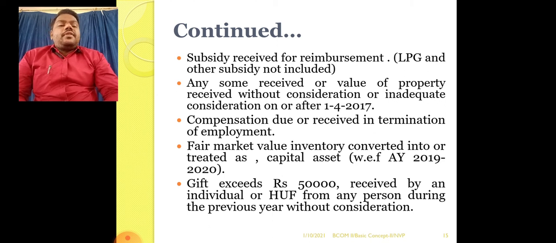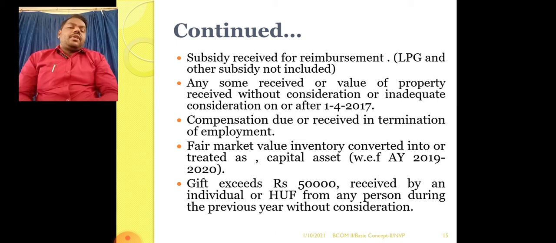Any sum received or value of property received without consideration or inadequate consideration on or after 1st April 2017. Compensation due or received in termination of employment. Fair market value of inventory converted into or treated as capital asset with effect from assessment year 2019-20. Gift exceeding rupees 50,000 received by an individual or HUF from any person during the previous year without consideration.